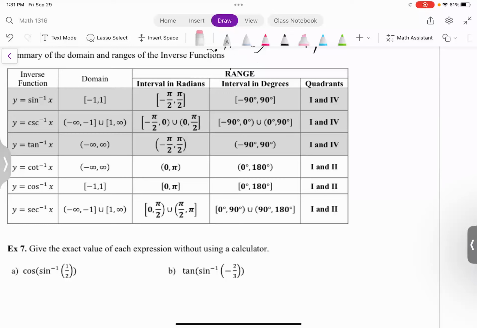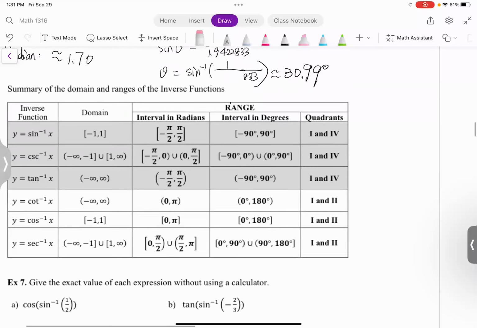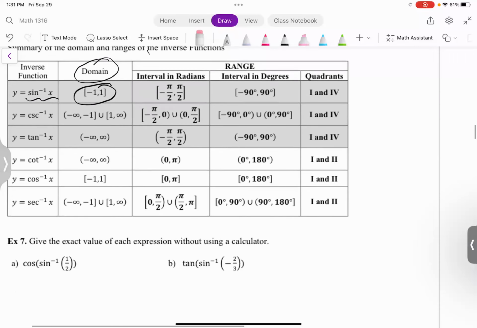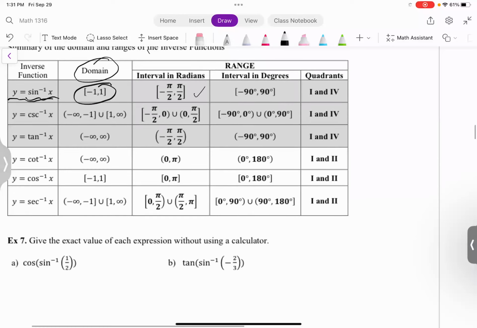Okay, interval in radians. How about the angle values, or the range, of the inverse of sine? It's between -pi over 2 and pi over 2. So you can do this.